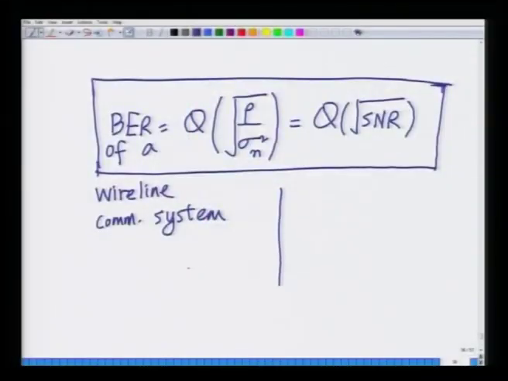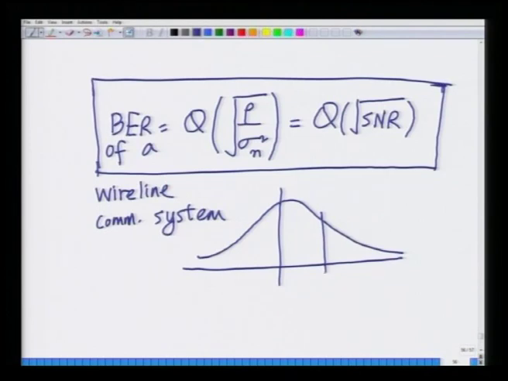Obviously it makes intuitive sense, because this Q function is a decreasing function of SNR. The Q function is the tail of the cumulative distribution function of the Gaussian, which for any point x represents the area under the curve to the right of x. As x increases, this area decreases, which means as SNR increases, the probability of error decreases.